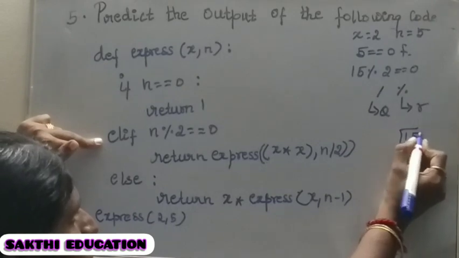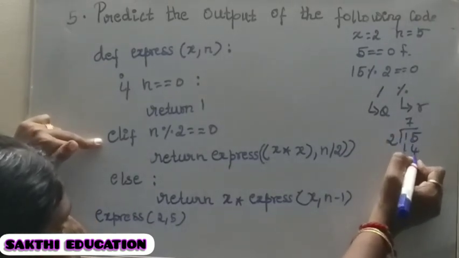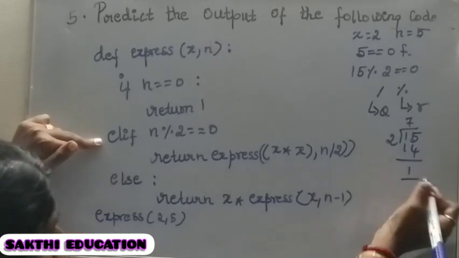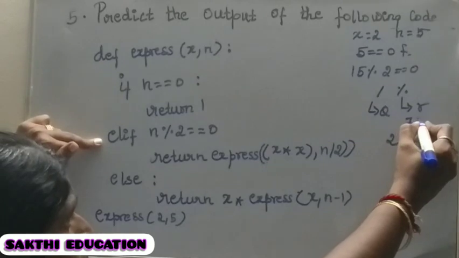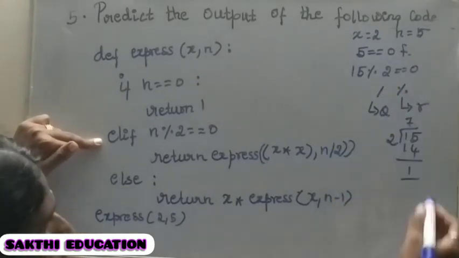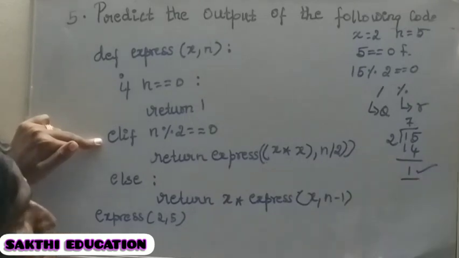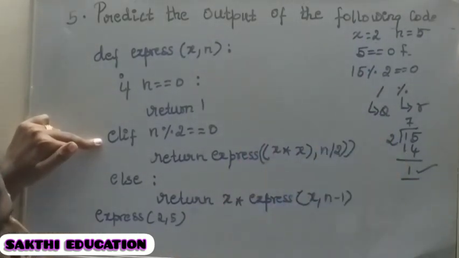For example, 15 divided by 2. 2 sevens are 14, and then the remainder is 1. If you are using a slash operator, 7 will be your result. If it is a modulus operator, remainder 1 is your result. Here I am using a modulus operator, not a slash operator.